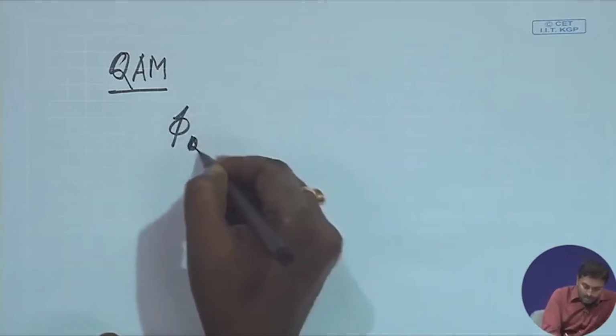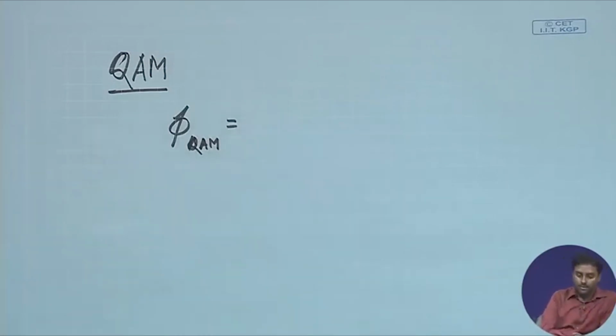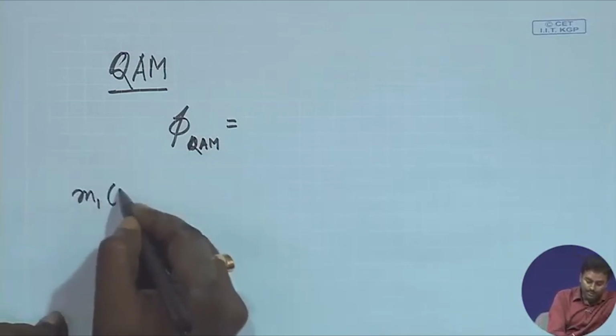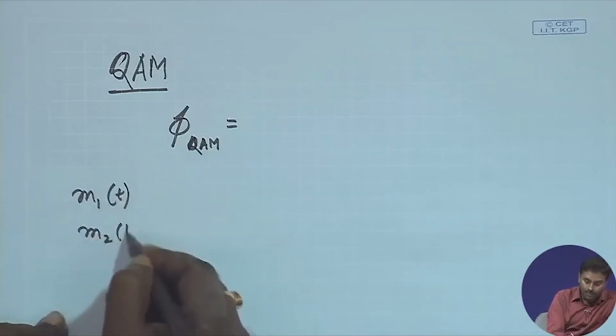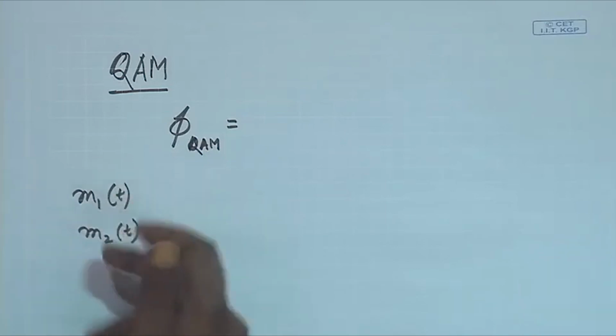Let us say I wish to generate QAM. So, what I do actually, instead of modulating one signal, now I take two message signals. One is m1(t) and the other one is m2(t). It is almost like multiplexing. I am taking these two message signals, and within the band of 2B I wish to transmit both of them, as long as both of them are occupying a similar band.